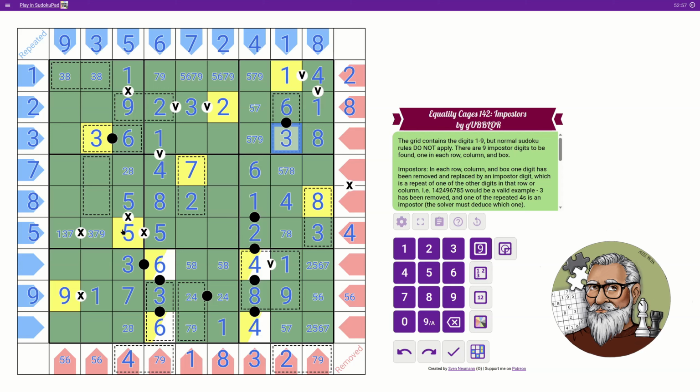Okay, let's pencil mark here. This is... no, we don't know what that is. There is a 7 still that we don't know where to put, right? There's a 7 here. So this is 1, 3, 6, 9. No, there's no 1. 3, 6, 9, and another 7.